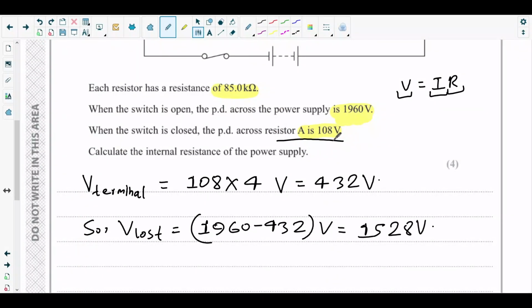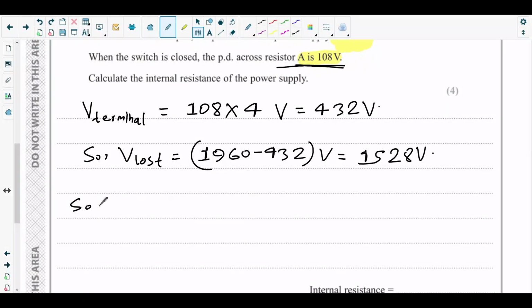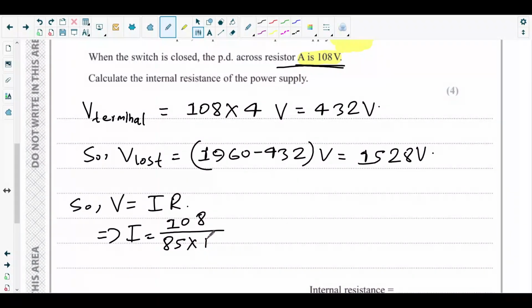Now we know the PD across resistor A. We know the resistance of resistor A, so we can find out the current through it. V equals IR, right? So I equals V over R. V is 108 over the resistance, 85 kilo ohm, so 85 times 1000 ampere.